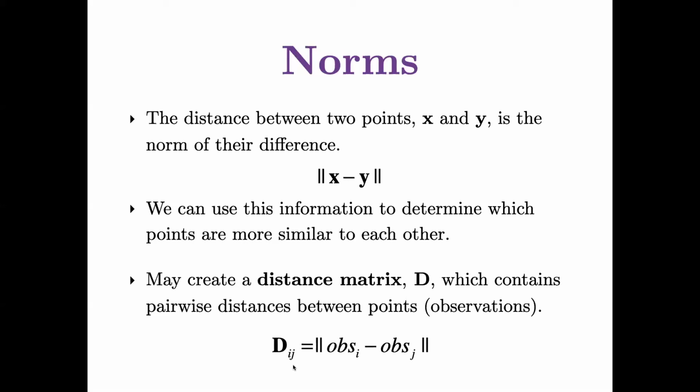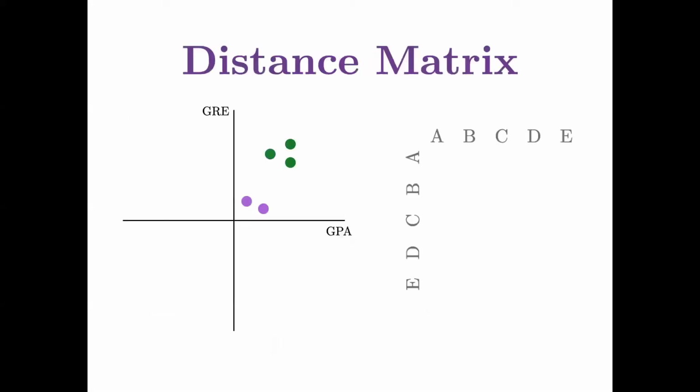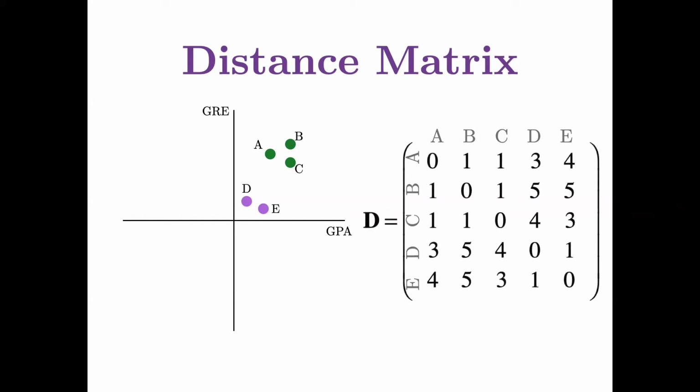I can try to give you a little tiny example of why this might be useful. Here I have some data about students' GPAs and their GRE scores, and I have labels on the observations, A through E. I can create a distance matrix that tells me how far apart each observation is from each other.